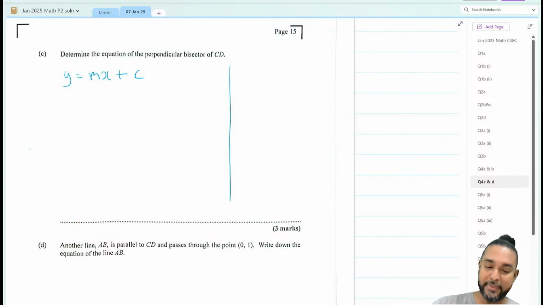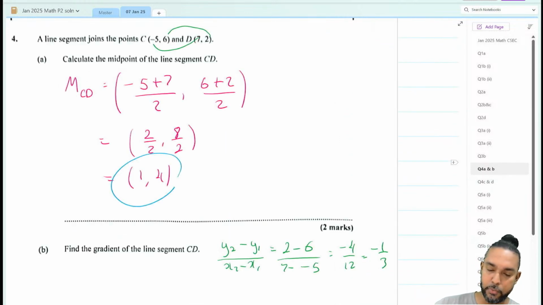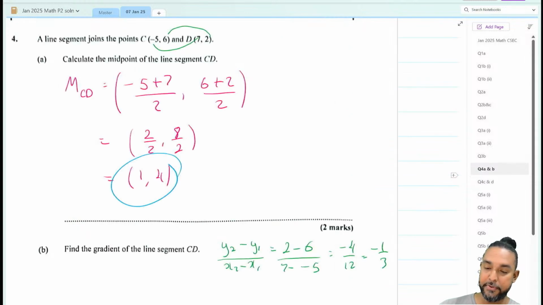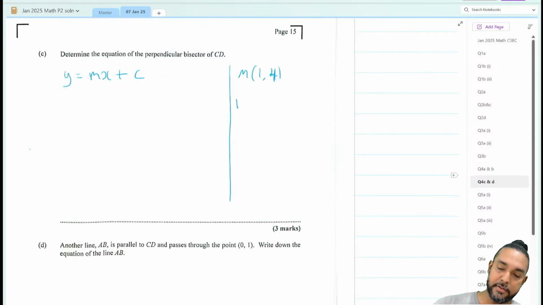We know it's passing through the midpoint, which has coordinates 1 and 4. And the gradient of CD that we just saw is minus 1/3.